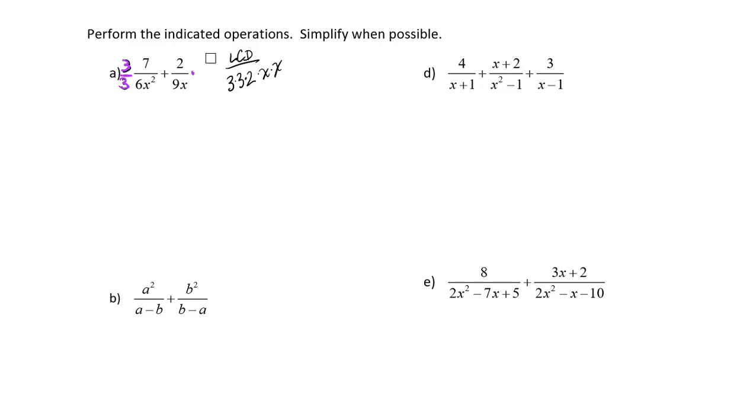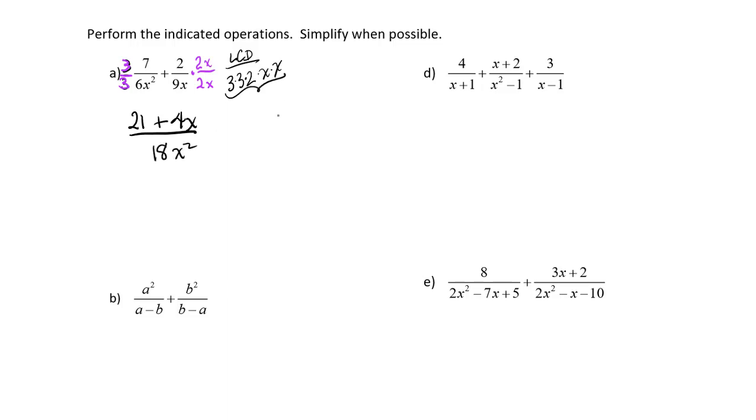So we would give the second fraction a 2x and a 2x in the numerator and denominator. This will give me a 21 plus 4x all over 18x squared.